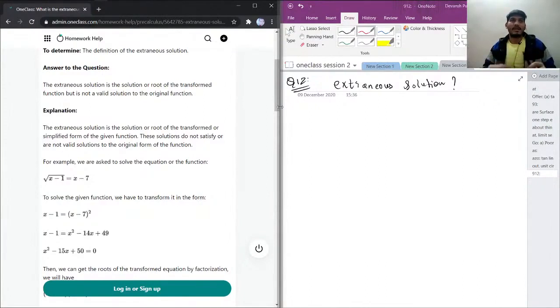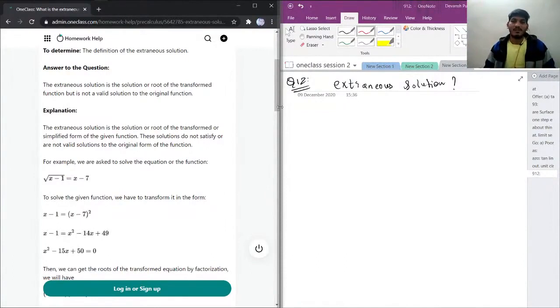If I take the square or the square root of f of x, or transform that equation to find the roots, then my domain of x is going to be a different domain, a kind of bigger domain.